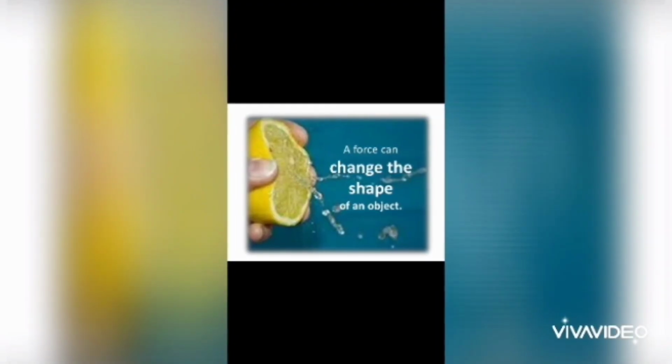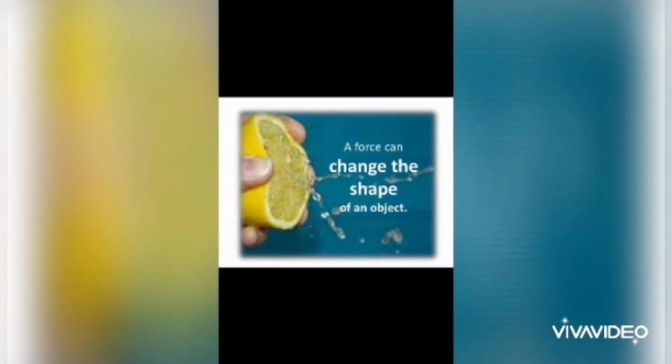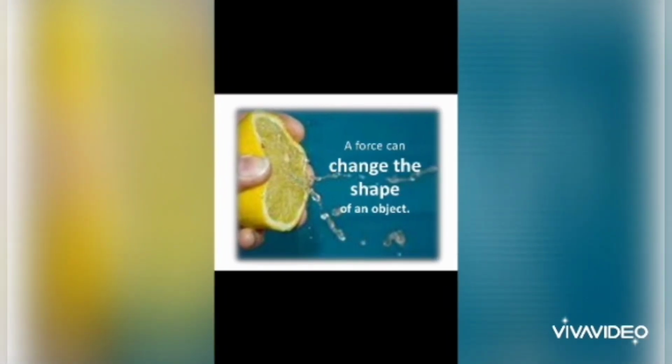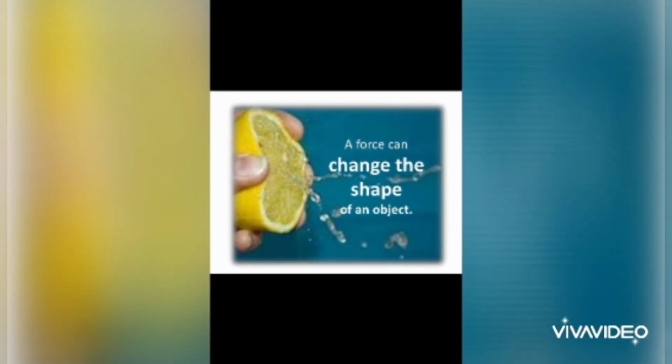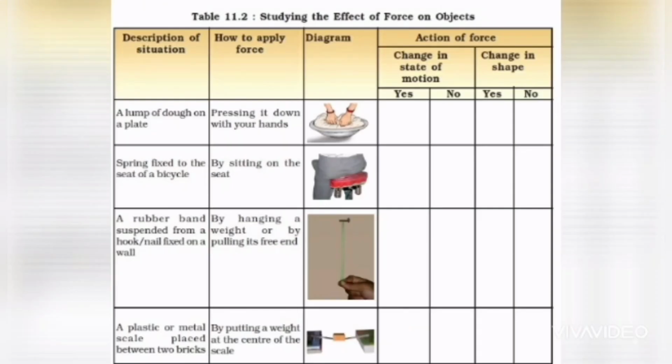When you press a balloon between your palms, the shape of the balloon changes. Pressing the balloon means applying a force on the balloon. So we can say that a force can change the shape of an object. Clear? Then you have to do activity 11.5 in the textbook, page number 133.